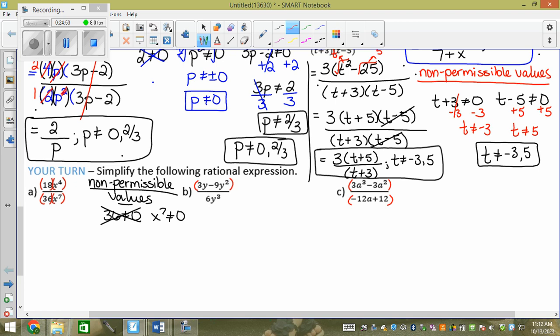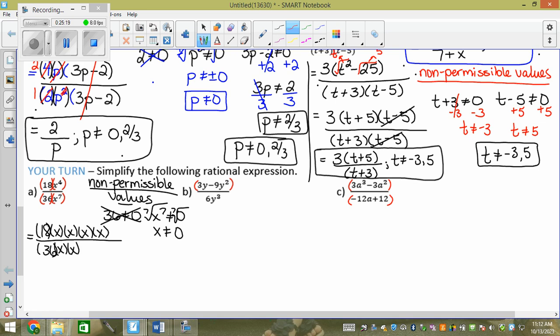This is true. X to the 7, when you take the 7th root of x, or any root of 0, it's just 0. Now, you can look at monomials in this way. Instead of saying, oh, I can take 4 out, you could look at it like this. 18, x, x, x, x. And then 36.